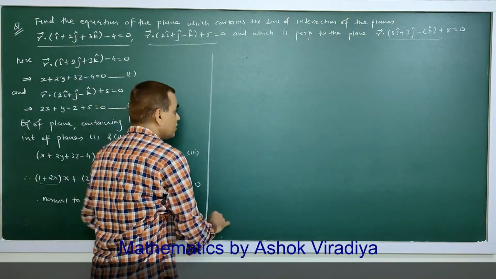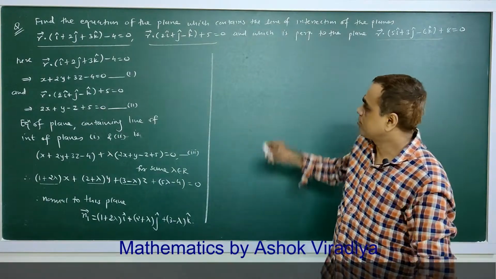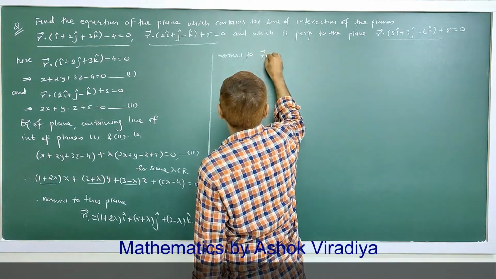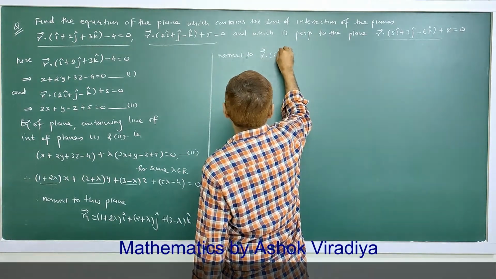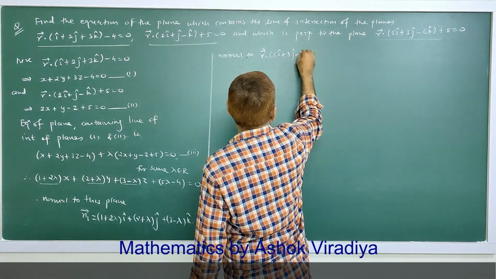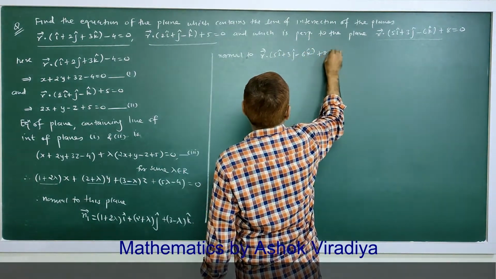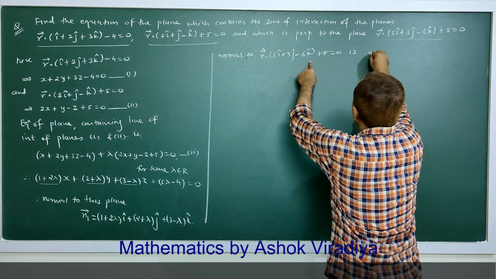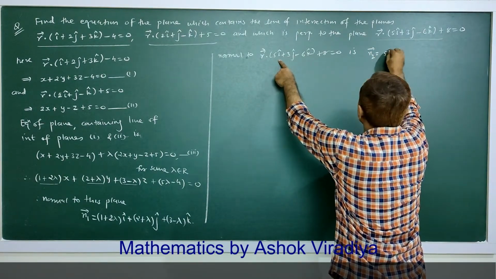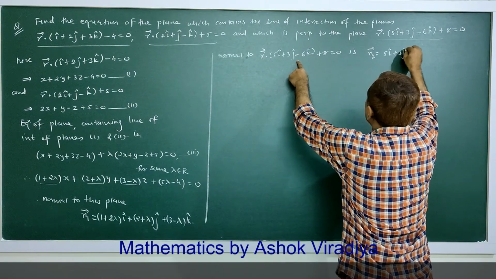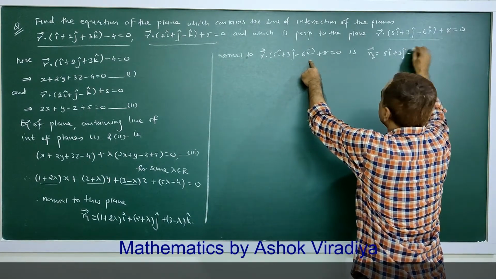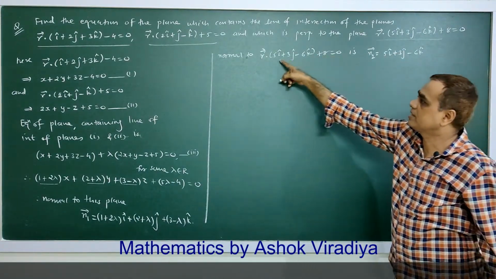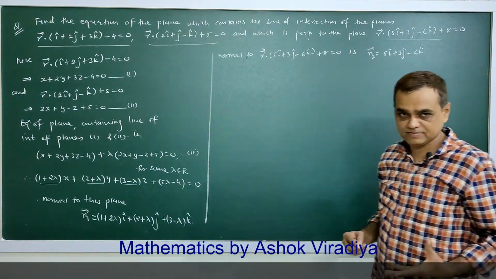Now the normal to that plane, vector r dot 5 times vector i plus 3 times vector j minus 6 times vector k plus 8 equal to 0. Here the normal, let me say vector n2, is 5i plus 3j minus 6k. Vector r dot vector n plus d is 0. So this is the normal to the second plane.